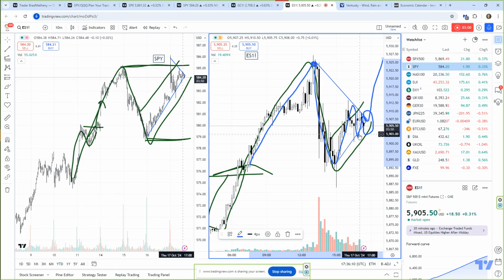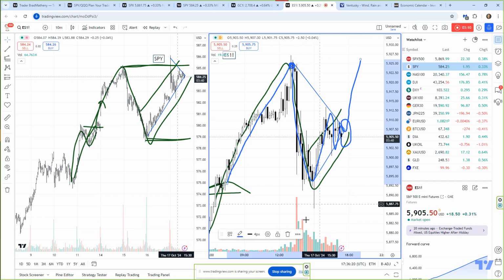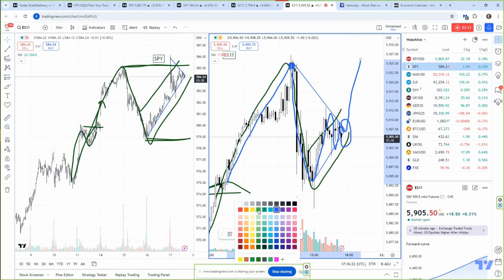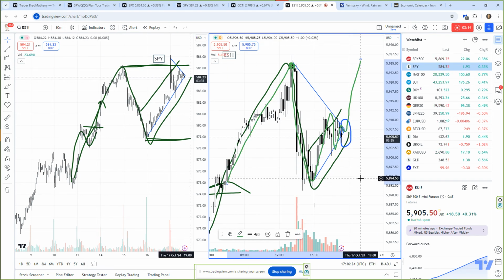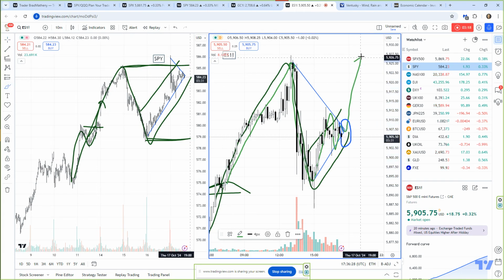That's C. We come down to a low, which is right here, D. And we should be rolling potentially to the upside. So in my opinion, we should be rolling into the upside right here. It should really be attempting to break to the upside over the next 12 plus hours.